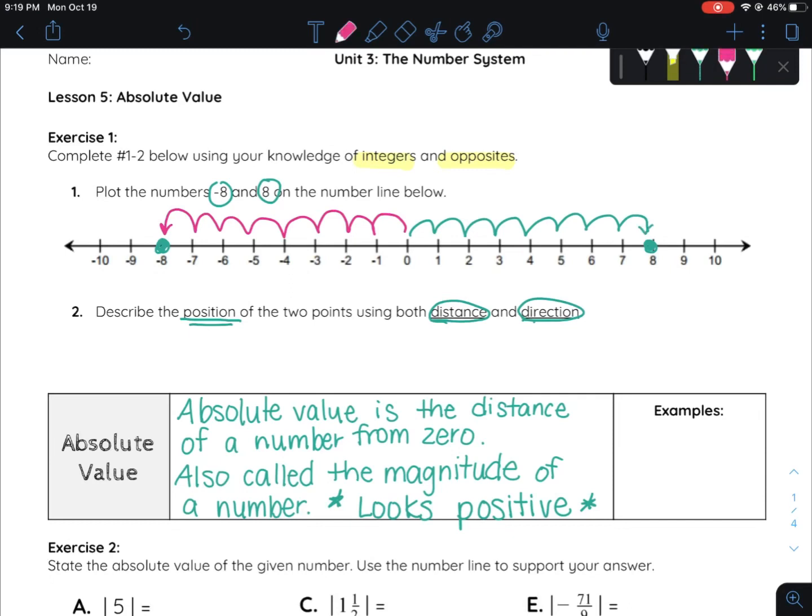All right, so they're both 8 away from 0. But what's different here? To get to 8, I have to go to the right. And to get to -8, I have to go to the left. So I'm going to say, but in opposite directions.